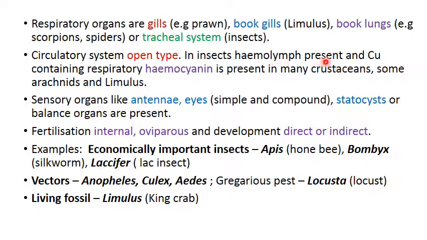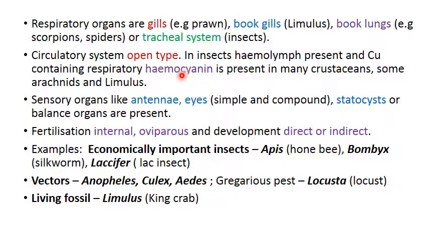But in the rest there is a copper-containing respiratory pigment, called hemocyanin, dissolved in the hemolymph. And what is this hemocyanin? When the blood is deoxygenated, copper is attached to the protein, whereas in hemoglobin it is iron attached to the protein; here copper is attached to the protein.